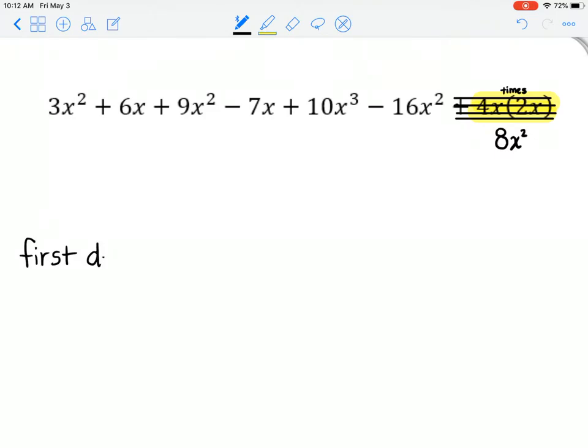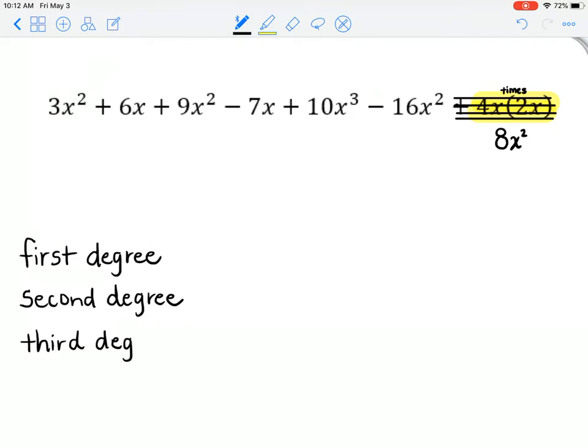First degree, second degree, and if you're thinking, I have no idea what she's talking about, it's okay. I will show you. And third degree. So just write those terms down there, and then we'll worry about what they mean. First degree, second degree, third degree.